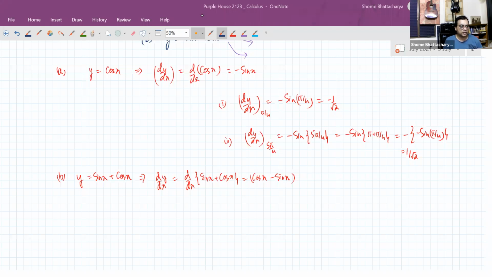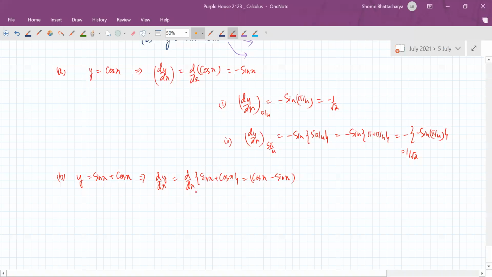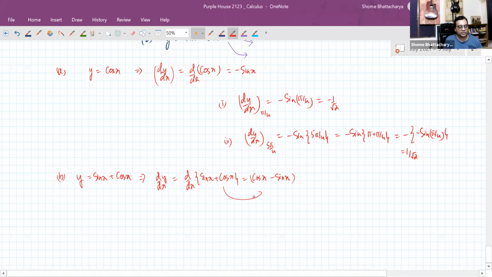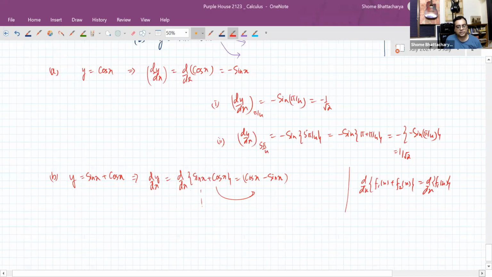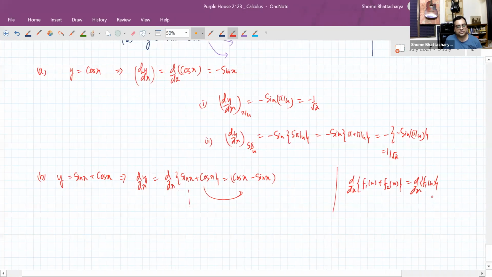Okay, sir. Now see here what property we'll use to get from here to here. We'll use the property that differentiation of one function plus another function is the differentiation of the first function separately added to the differentiation of the second function. It is like the distributive property. So that will apply to this function over here.